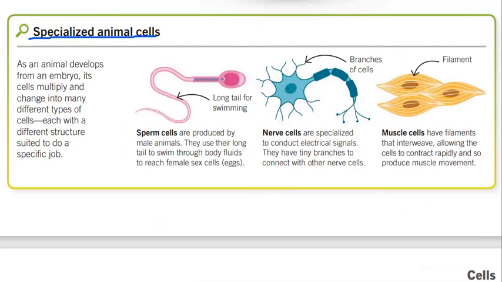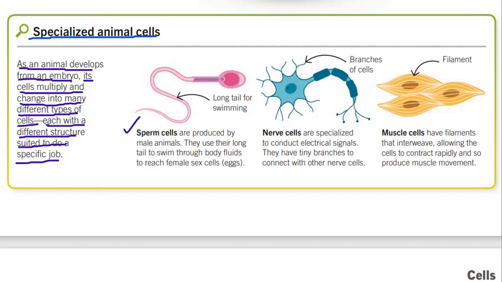An animal develops from an embryo. Its cells multiply and change into many different types of cells, each with a different structure suited to a specific job. This is the sperm cell, with a long tail for swimming.